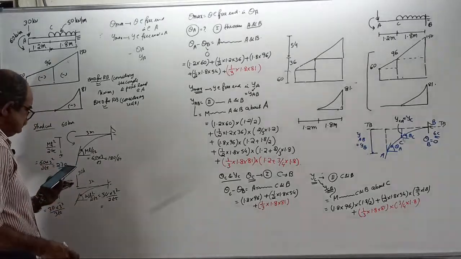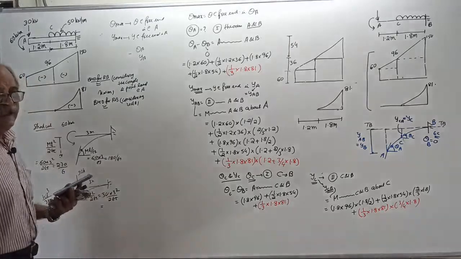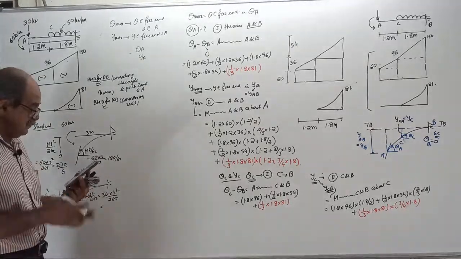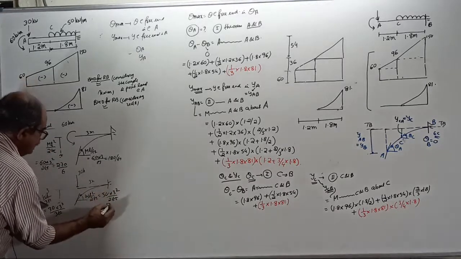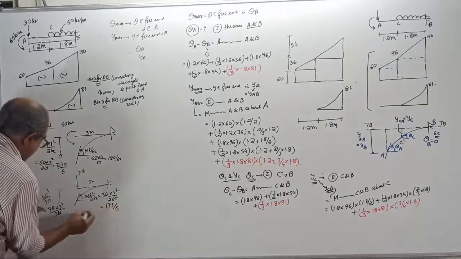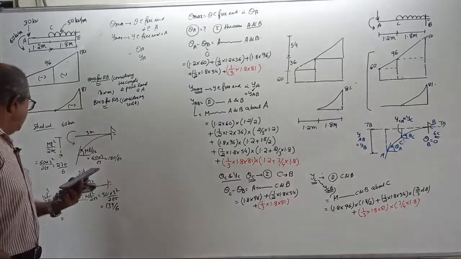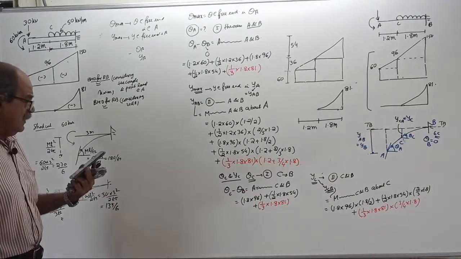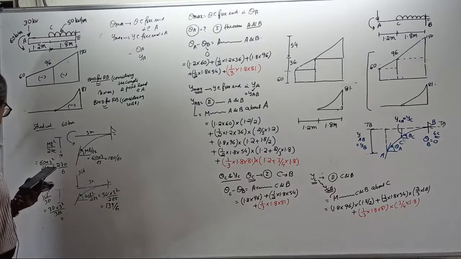In case you make a mistake, the later result will not tally. 135 by EI. Don't give wrong values. 135 by EI. And this one, 30 into 3 cube by 3EI. What is the answer?